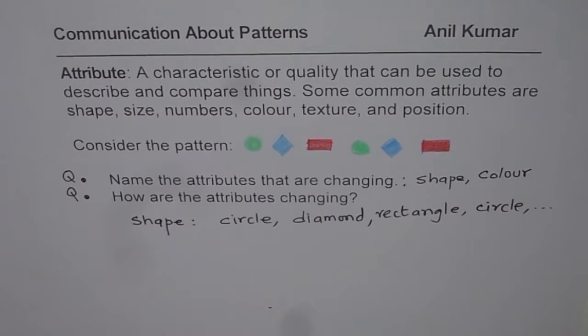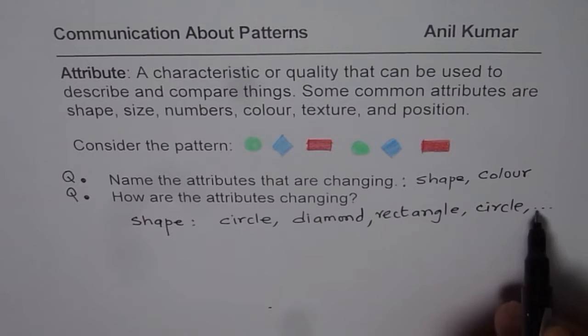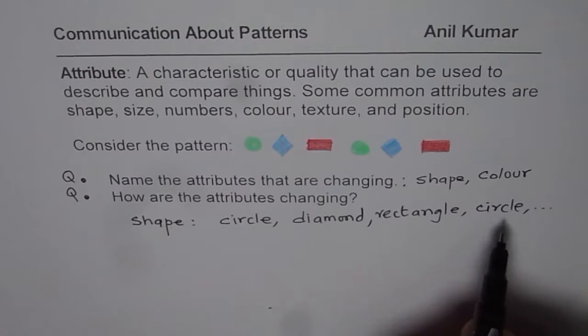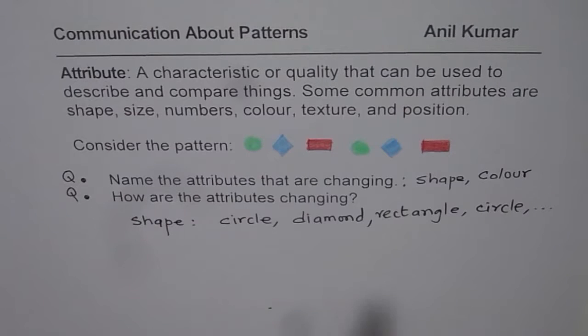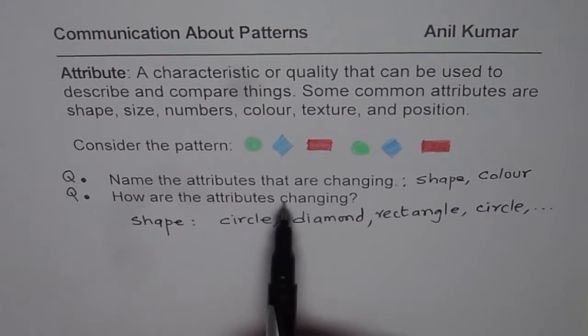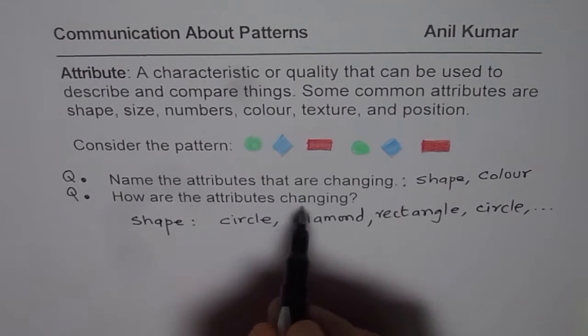So that is repeated. If you mention these three dots, it means the same pattern repeats, right? So that is how shape is changing. Shape changes from circle to diamond to rectangle, then again circle, diamond, rectangle, and so on. So that is what we mean when we say describe how the attributes are changing, right?